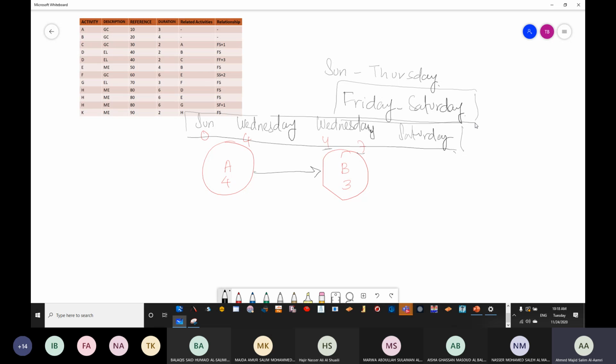Now the other method, the new method that we are going to see today is, for example, we are going to have task number A. And in task number A, we are going to have, let's say, 5 days. Task number B, we are having 3 days. So now you can see that this is 0, this is 5.